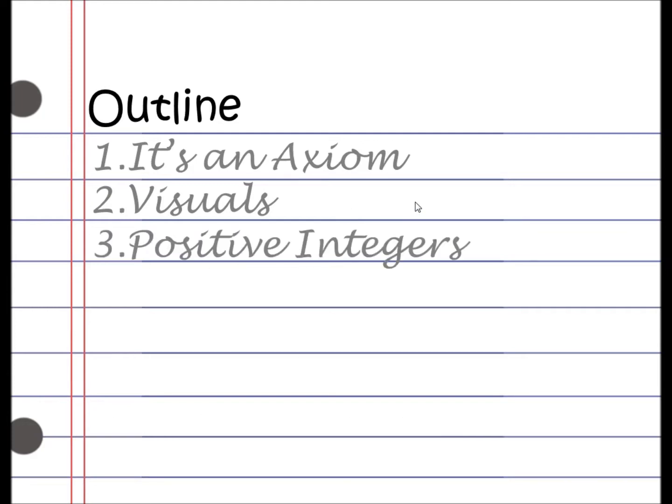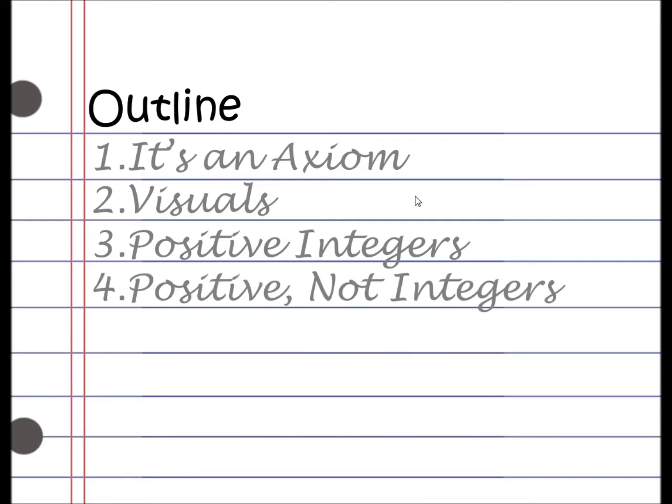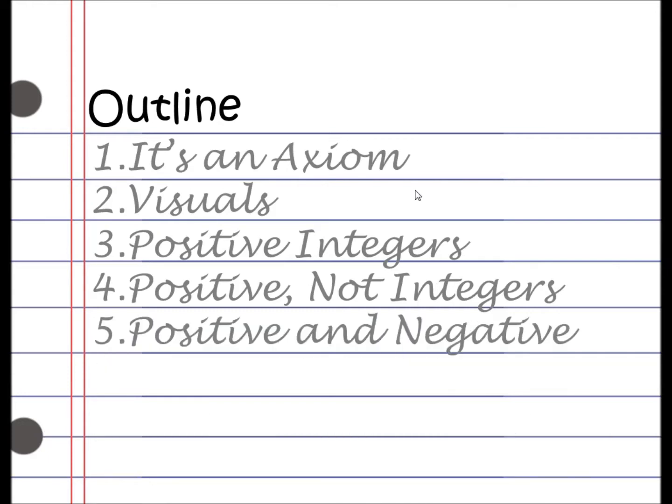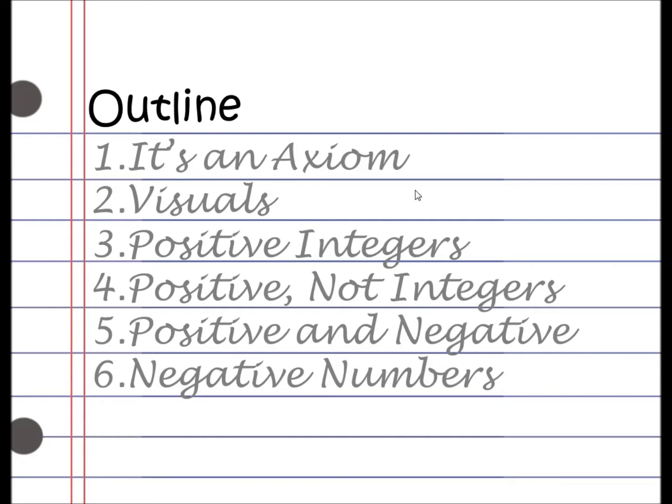Thirdly, I'll explore the case when you add positive integers together. Then what happens when one of those numbers, or both of them, is positive but is not an integer. Or what happens when you add a positive number and a negative number together, or two negative numbers. Lastly, I'll be discussing what happens when you add 0.